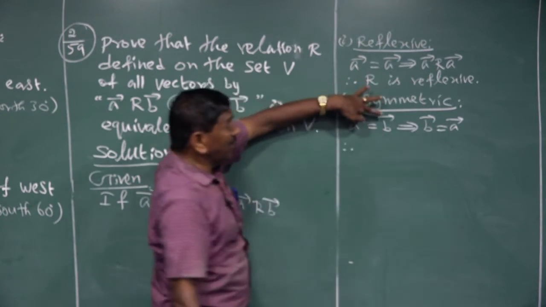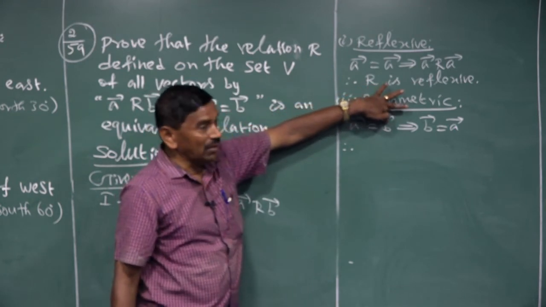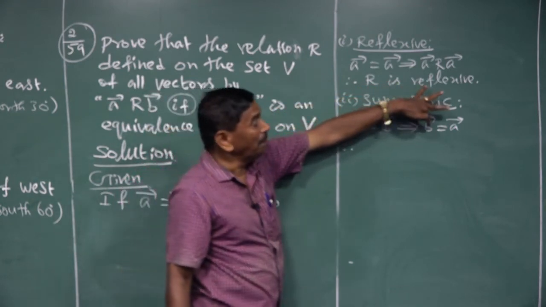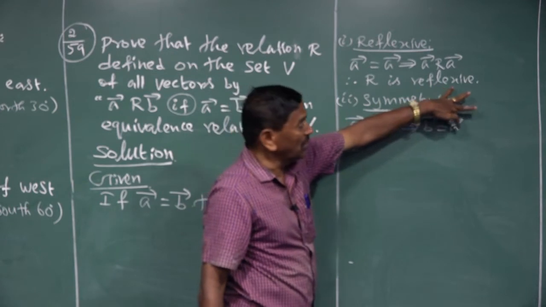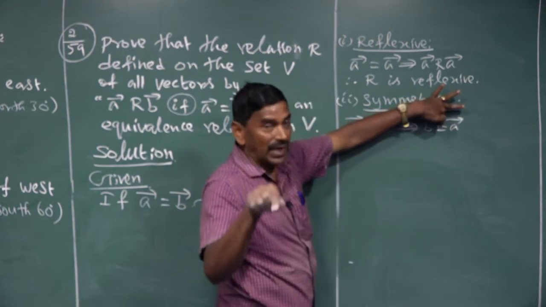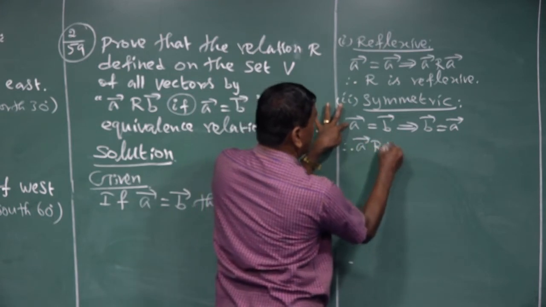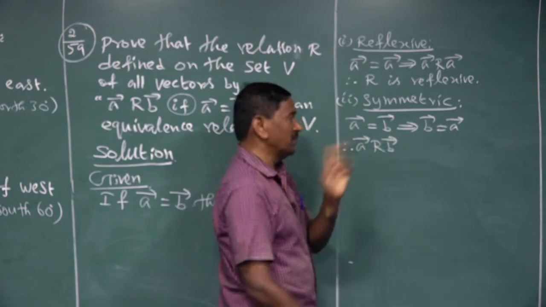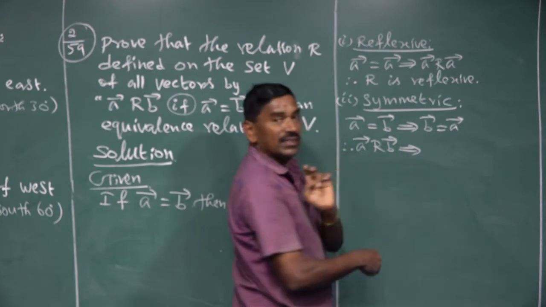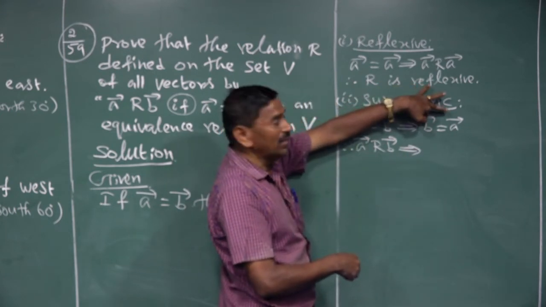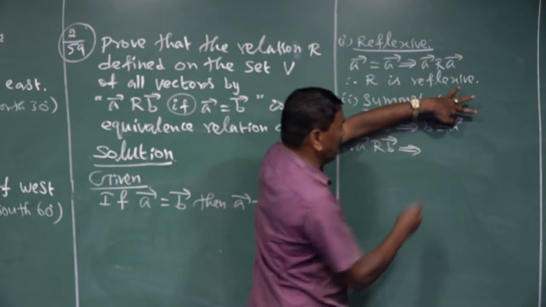Therefore, A vector is related to B vector, which implies B vector is related to A vector, where equal is the relation. That's all. Therefore, A vector is related to B vector. Next step, very good. Which implies B vector is related to A vector.